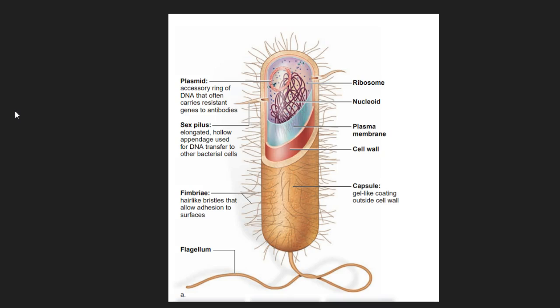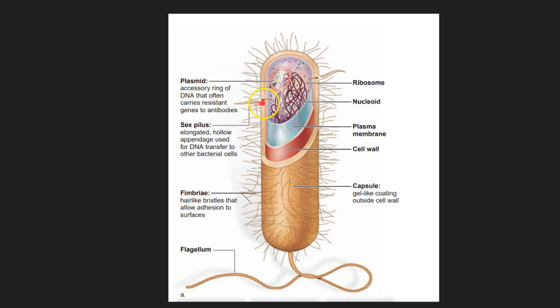So this is the anatomy of a prokaryotic cell, a bacterial cell, and this is straight out of your textbook, and it shows you some of the different parts that it can have. So here it has the plasmid. Here we have the plasmid, and this is just a circle of DNA that the bacteria can use to exchange with other bacteria or absorb from the environment.